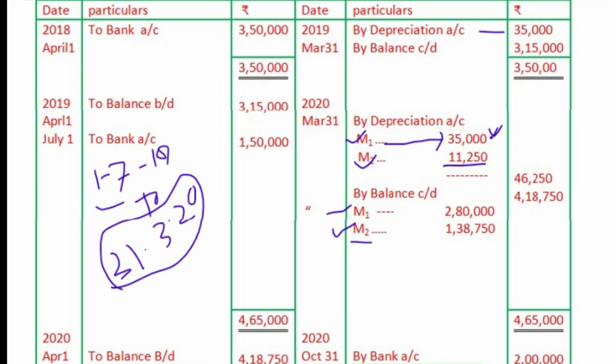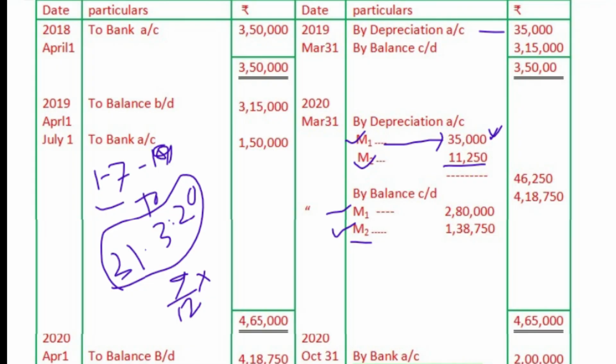Okay, now you understood this: from 1st July 2019 to 31st March 2020, the total number of months is 9. So 9 months of depreciation will be charged in the first year on the second machinery.